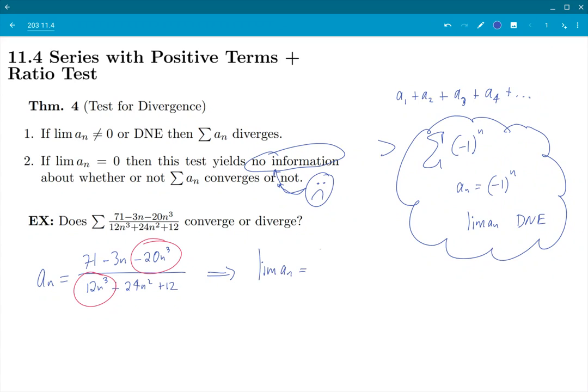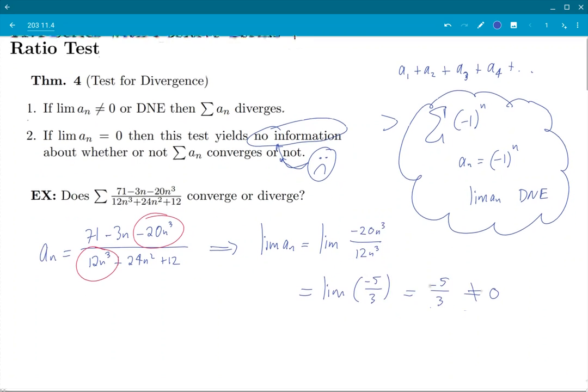So limit a_n is going to be the same as limit -20n cubed over 12n cubed. So you can reduce that fraction to get -5 over 3. So I did not get 0. That's not 0.